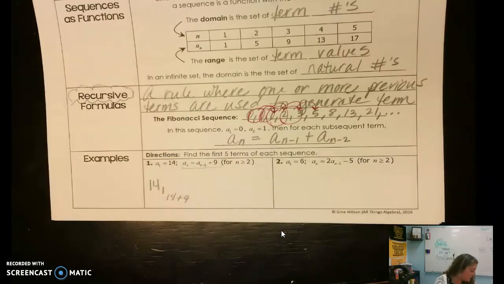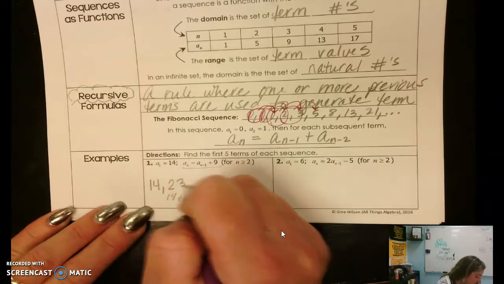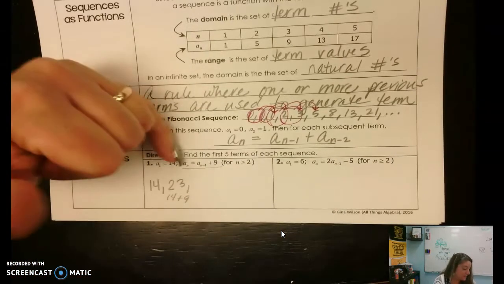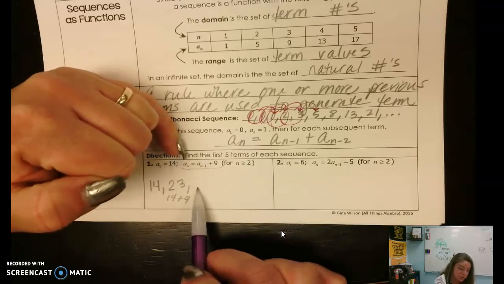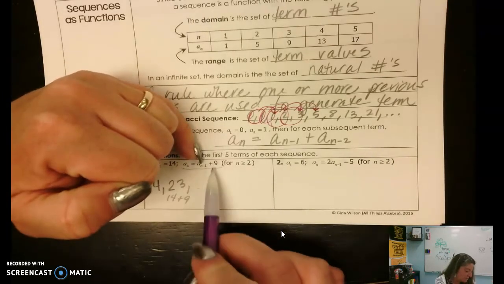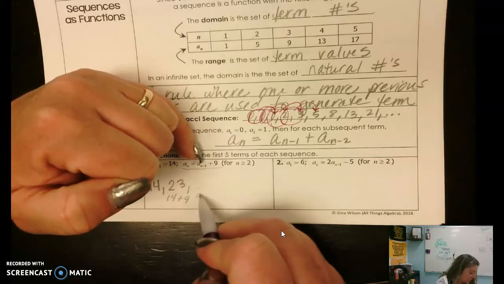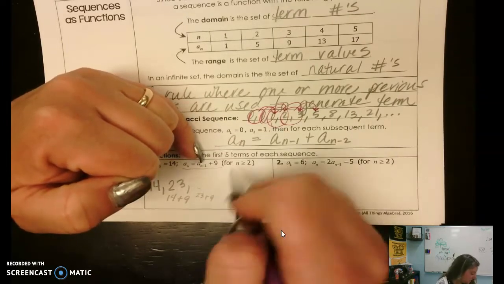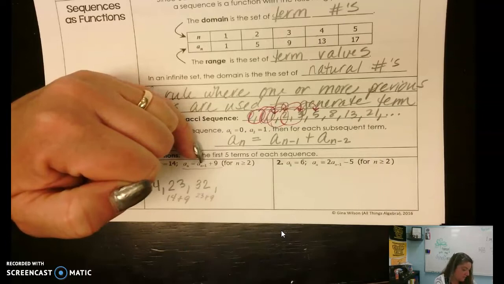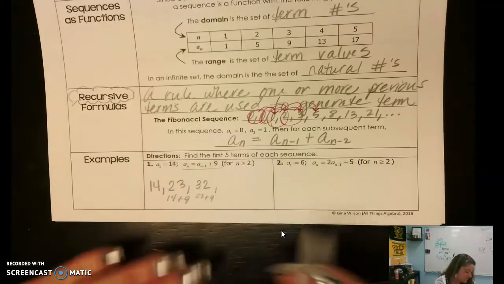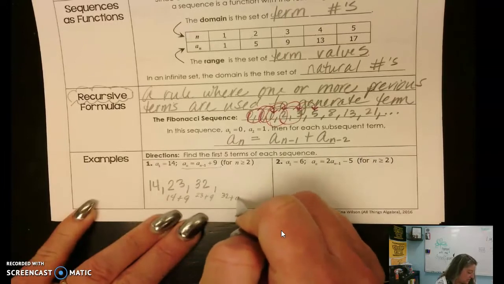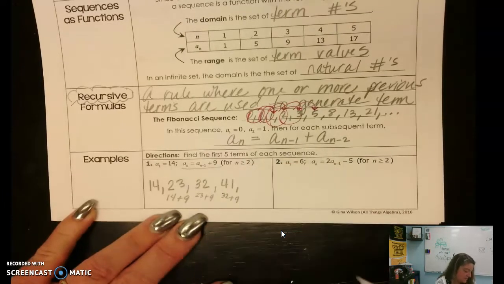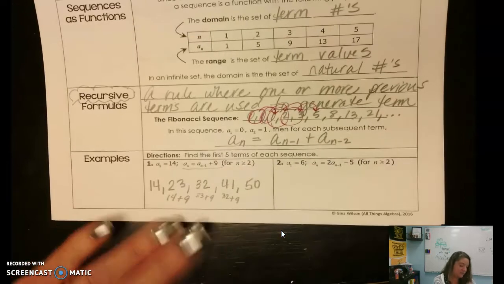So my second term is 23. Then a sub 3, the third term, is the second term plus 9, 23 plus 9, which is 32. I need the first 5 terms, so I have to keep going. The next one is 32 plus 9, which is 41. And then the last one is 50.